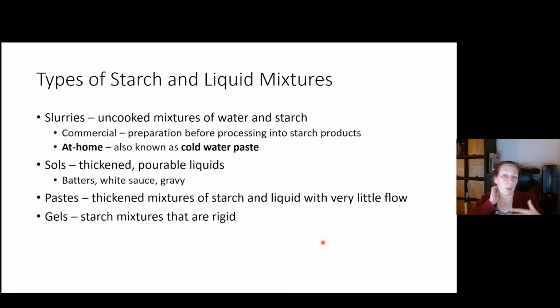Starches that are predominantly amylose molecules form more rigid gels. I kind of talked about how the ones that have more amylopectin will swell more, but the ones that have more amylose will be more rigid.